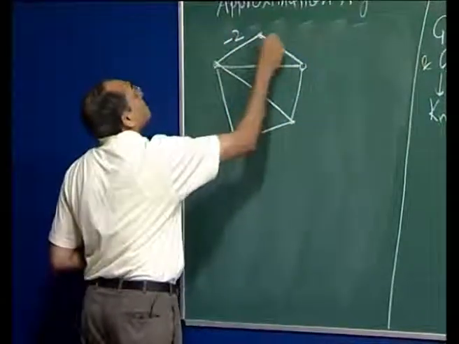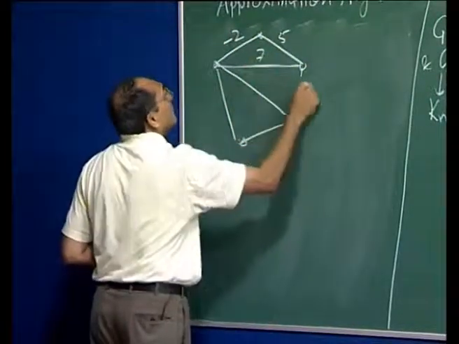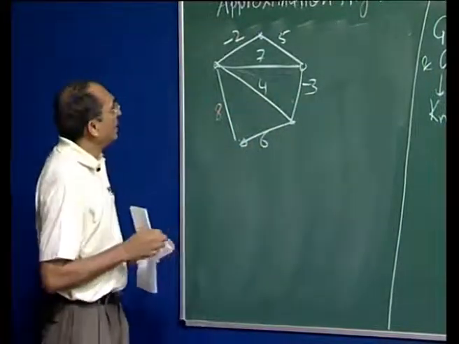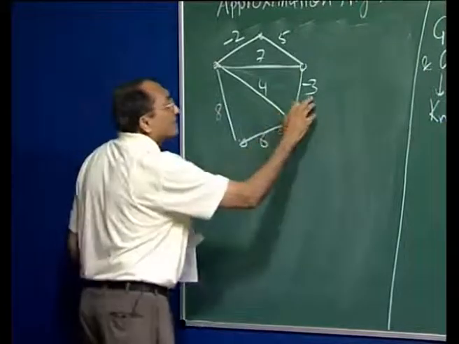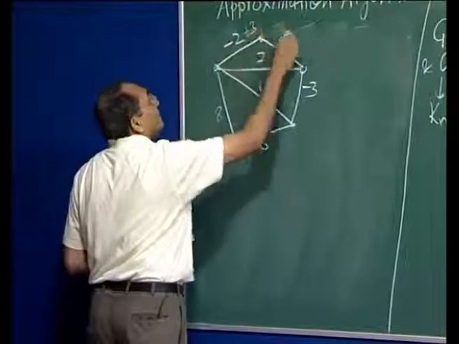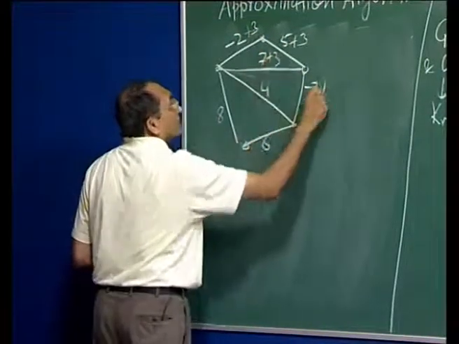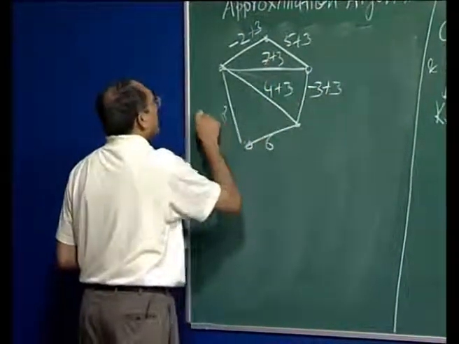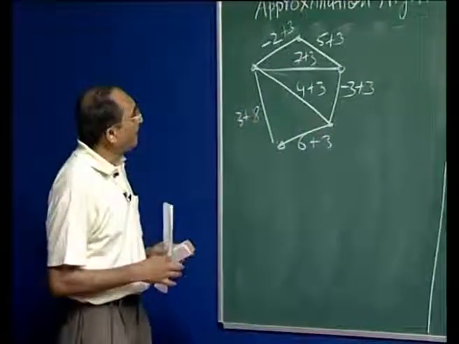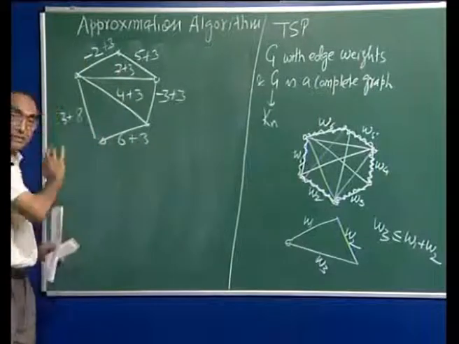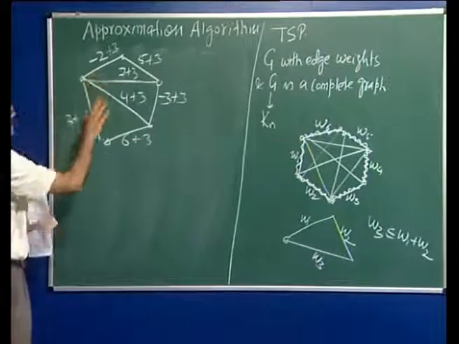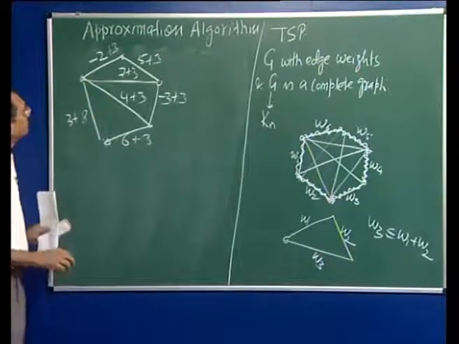So, this is minus 2, 5, 7, minus 3, 4, 8, 6. Well, the smallest number is minus 3, we will add 3 to everybody. Let us put plus 3. Okay. Well, indeed, this is a new set of weights, and there are no negative weights in this.